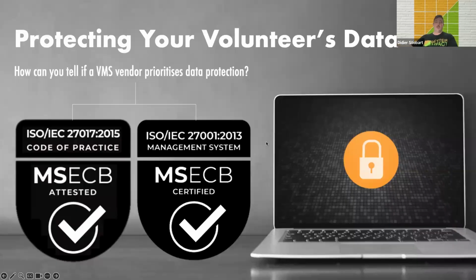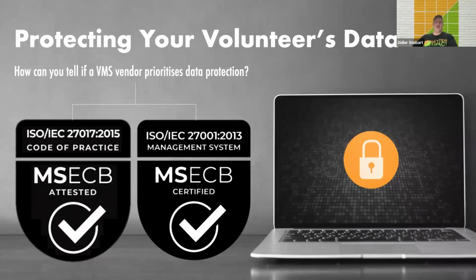So a little bit more on security, protecting your volunteer data. As I said, it's number one priority for us. One way to understand if an organization has that as a priority is the ISO certification. ISO 27001 is the world's best known standard for information security management systems.